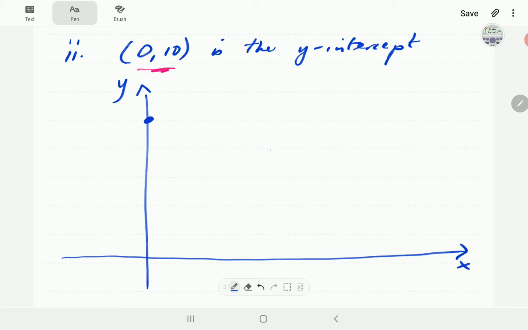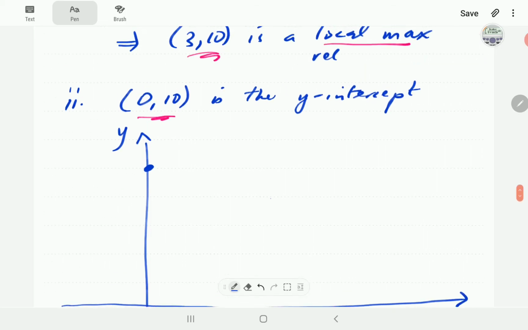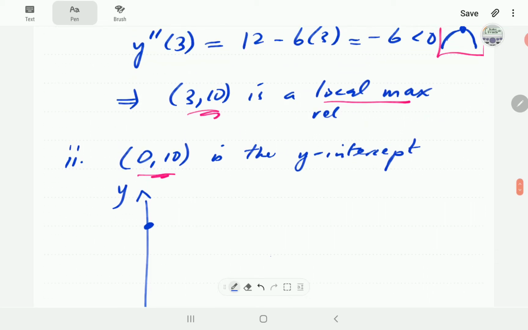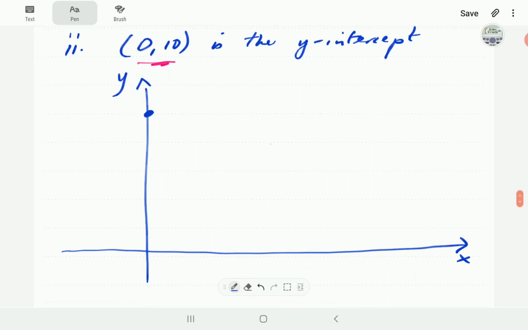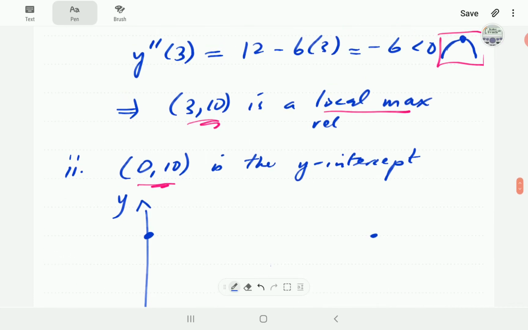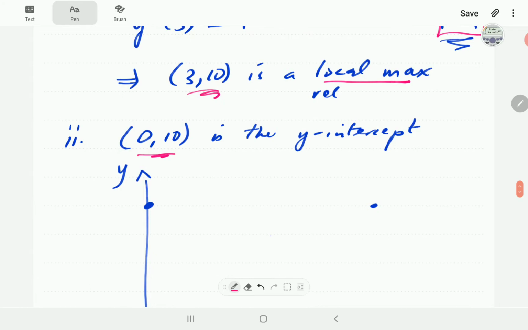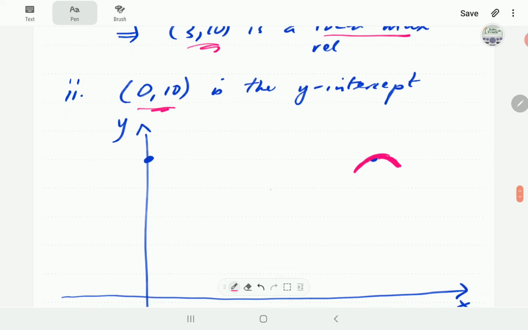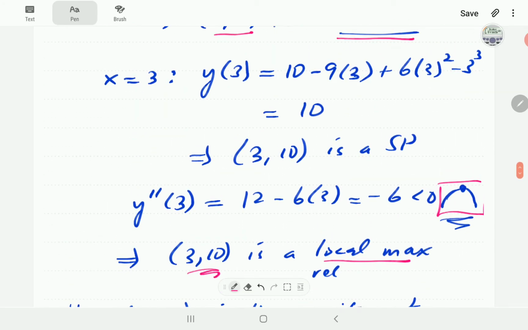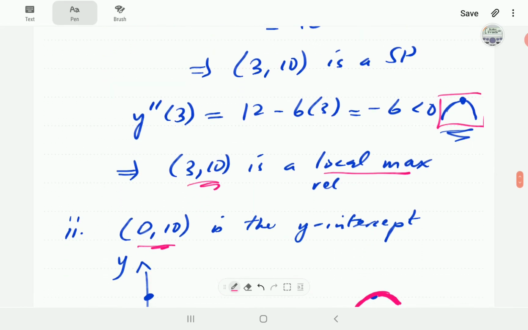So if this is (0, 10), then we have a local maximum at (3, 10). So let's put (3, 10) here. And at (3, 10), the graph is taking this shape. Okay, then the other point we know is (1, 6).